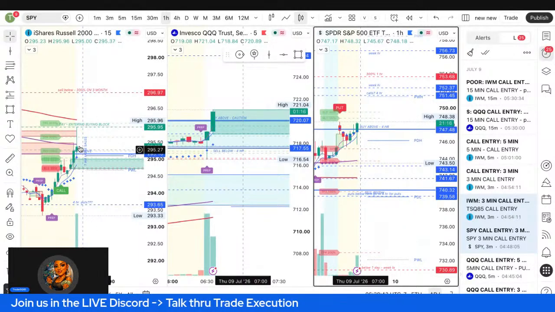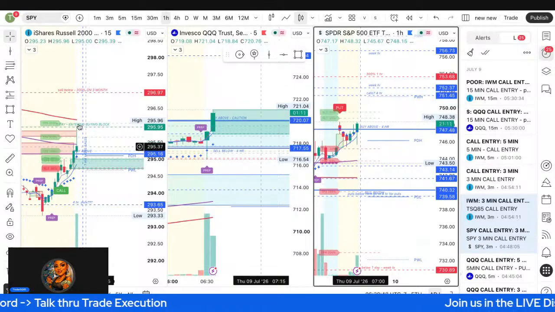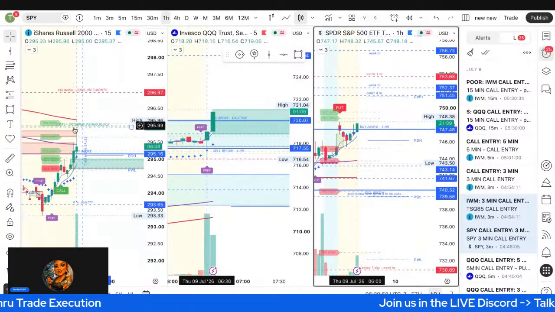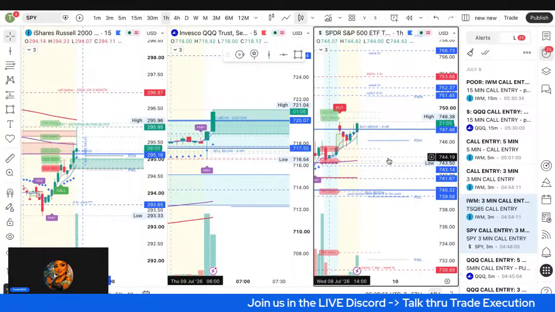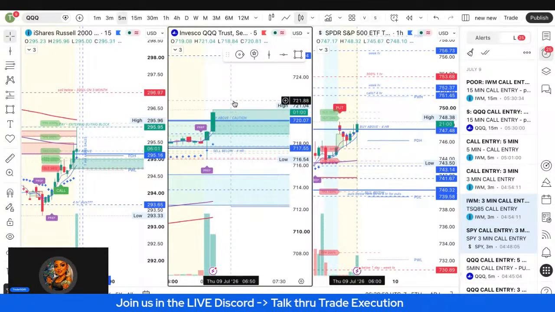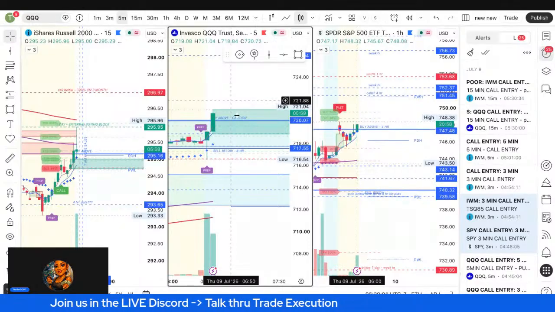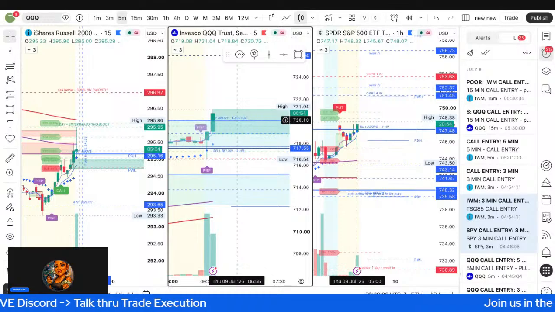I'm kind of watching to see what happens here because I see the rejection off of the 8, off of the 200, and QQQ is continuing to build to the upside. We'll see in the next minute here if they want to have a 5-minute confirmation to the upside here.